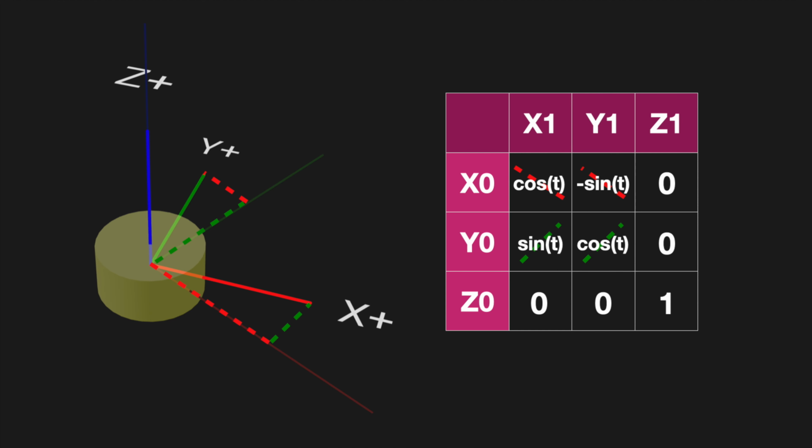Well, let's take a look at these triangles. The dashed red lines and the dashed green lines are just the sine of theta and the cosine of theta. Therefore, we can replace those in the rotation matrix with cosine of theta and sine of theta. And using the visual we have here, we can clearly see that the y1 projection on x0, which is the smaller of the two red lines, is in the negative direction. So therefore, that is why we have a negative sine of theta in that spot.